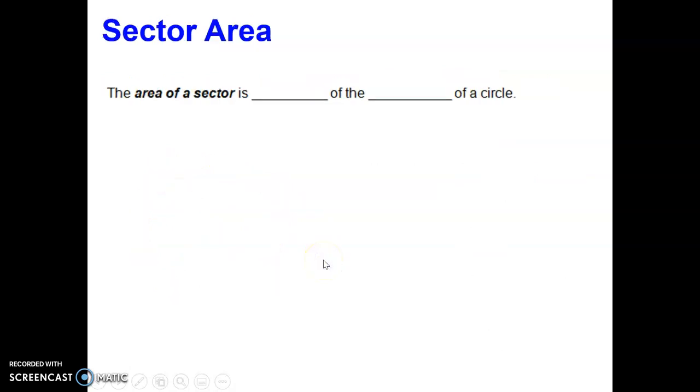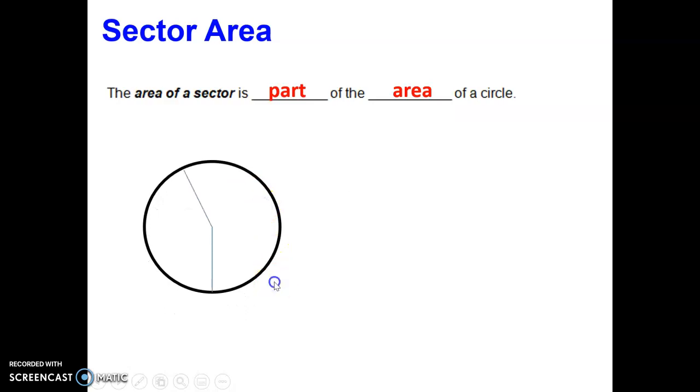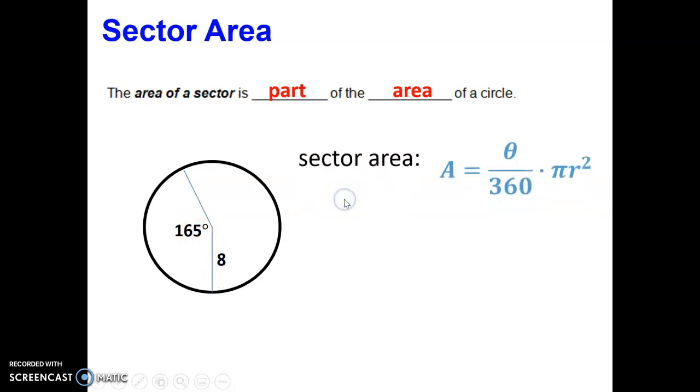Now try sector area. The area of a sector is part of the area of a circle. So here's a circle. We're going to use the same one we just had. So here's 165 degrees, 8. To find the sector area, we're going to follow the same process, but again, we're doing area instead of circumference here. So what portion of the full area do we have? Put in the numbers and see what you get.